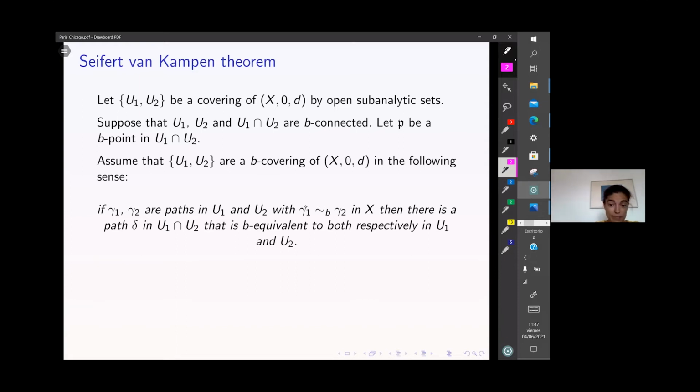So we need this in order to be able to think as in the classical setting and reproduce the proof. Okay, so we need to ask that whenever we have paths, gamma 1 and gamma 2 in U1 and U2 that are B equivalent in X, okay, they induce the same mapping at the level of the B points, then there is a path in the intersection that is B equivalent to both of them. Okay, so the intersection works well at the level of B points.